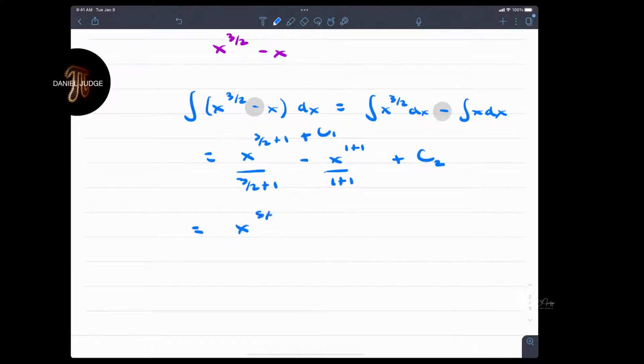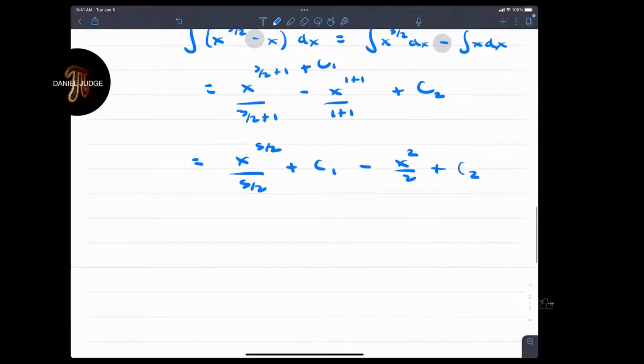So it'll be x to the 5/2 over 5/2 plus c1 minus x squared over 2 plus c2, ladies and gentlemen, because you have two integrals. And that'll give you 2/5 x to the 5/2 minus 1/2 x squared plus c1 plus c2.